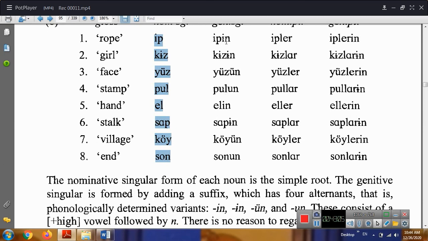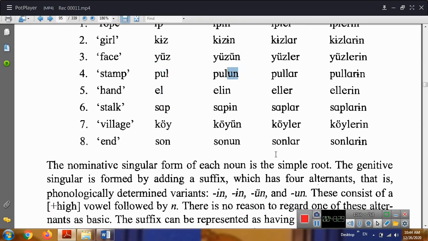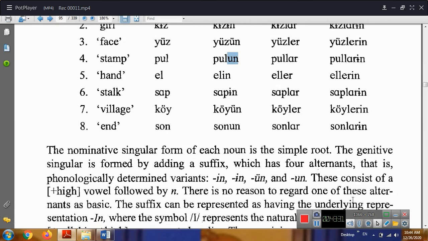Here, in, un, which has four alternates. That is, phonologically determined variants: in, un, and so on. They are the suffixes.